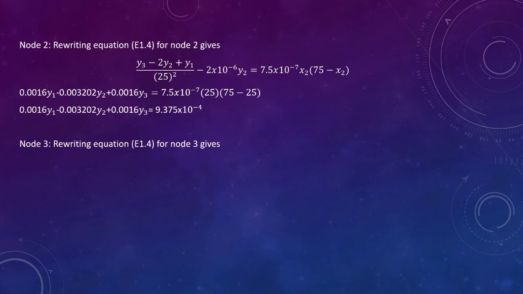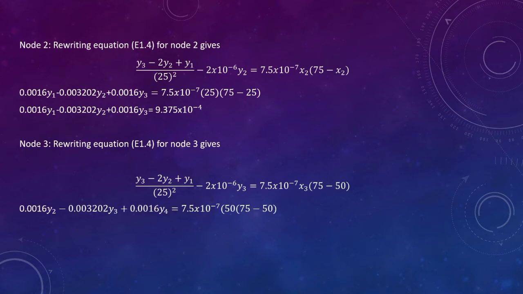Node 3. Writing the equation for node 3 gives y sub 4 minus 2y sub 3 plus y sub 2 over 25 squared minus 2 times 10 raised to the power of negative 6 y sub 3 equals 7.5 times 10 raised to the power of negative 7 times x sub 3 times the quantity of 75 minus 50.